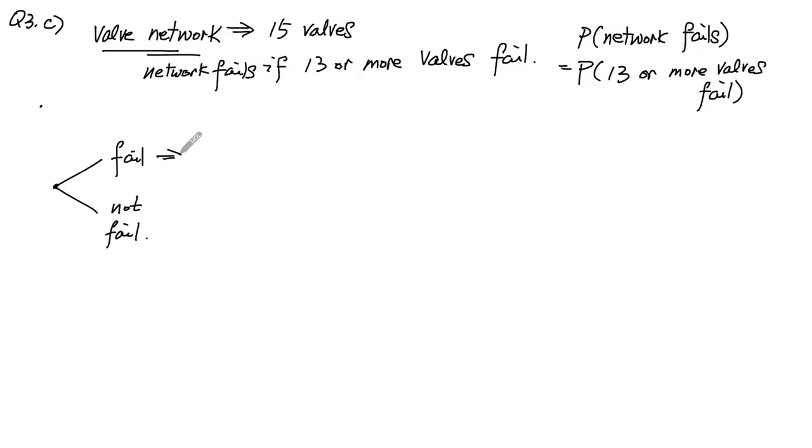The probability of a particular valve failing is the probability that it does not last X hours.